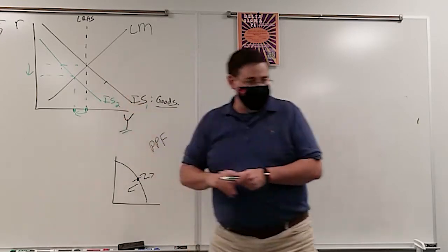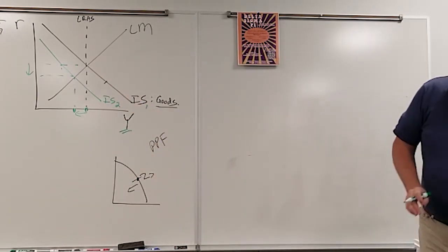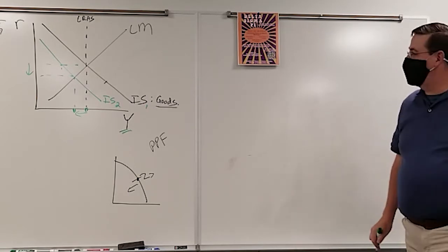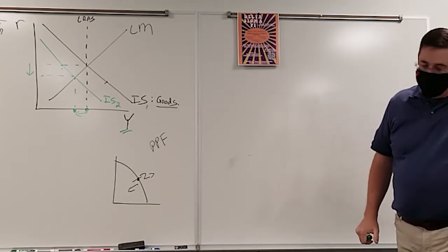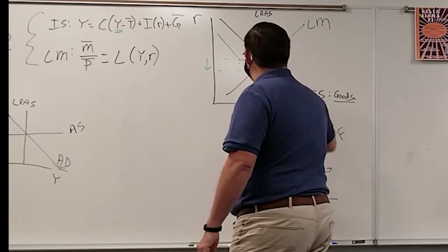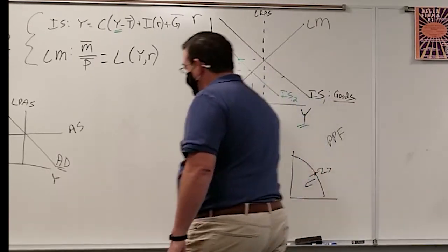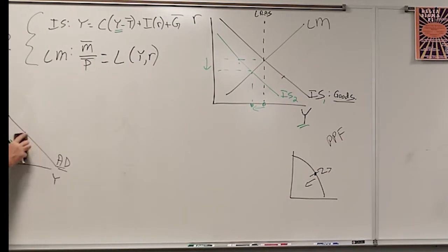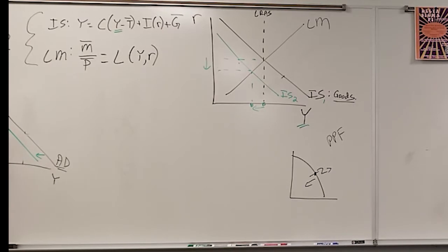The next step in this analysis is to say, okay, how do IS and LM interact with aggregate demand? When there is a shift in the IS curve, here it goes to the left, and we're going to look only at aggregate demand for the moment, then that would be accompanied by a leftward shift in aggregate demand for any given price level.